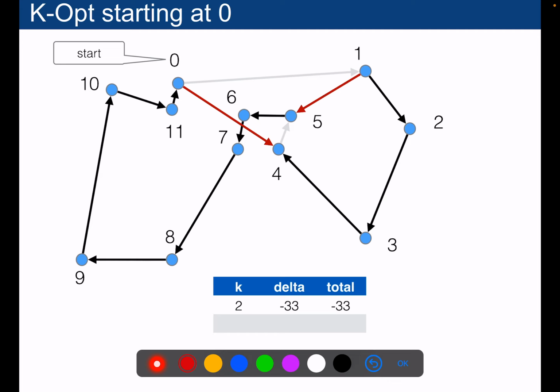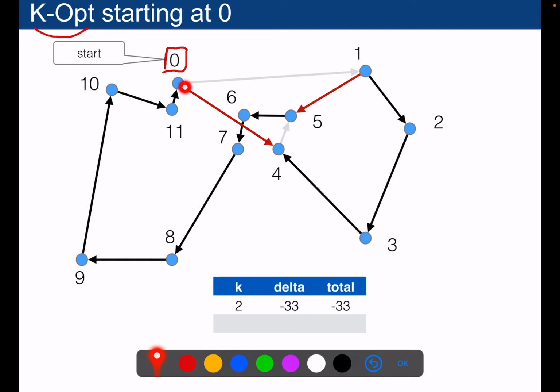So let's study the concrete example that we have seen before, and let's apply it starting from that node. We need a starting point, of course, to apply the k-opt, and we will start there. And we will consider a 2-opt move starting from there. So we will consider removing that edge.